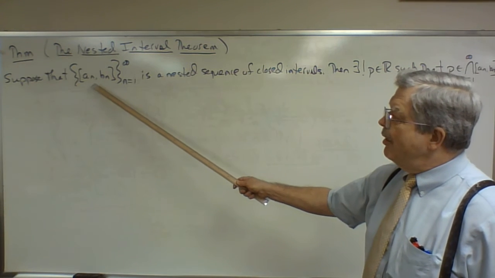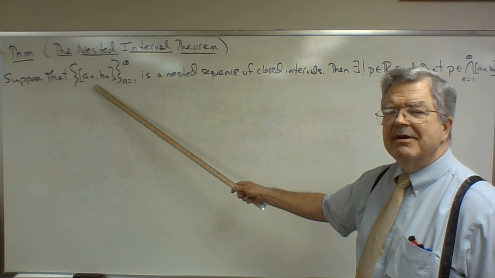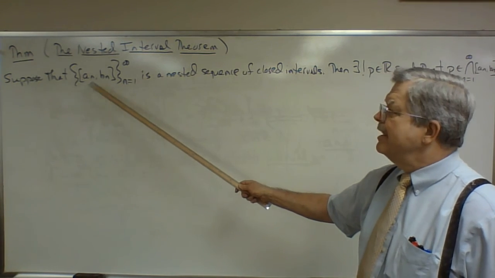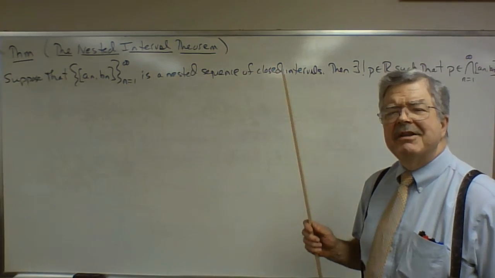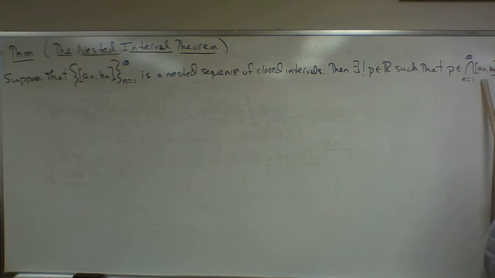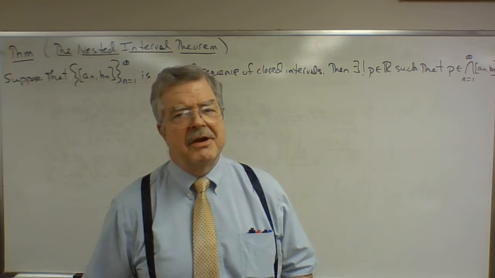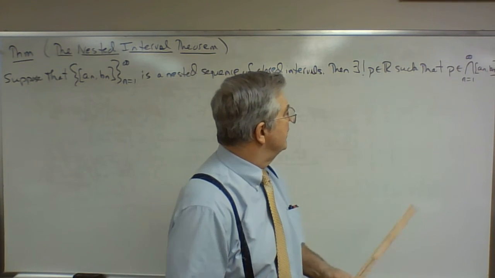So if we take all of these closed intervals, each interval snugly contained inside of its predecessor, and take the intersection of them, their intersection turns out to be exactly 1 point, p.